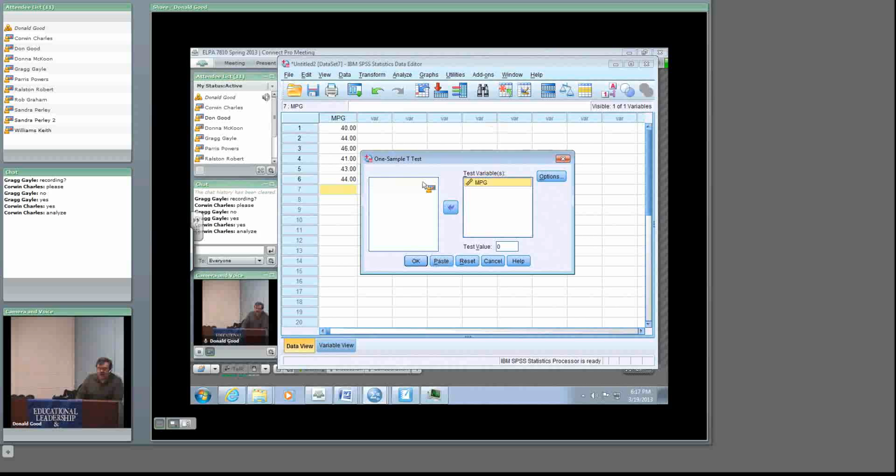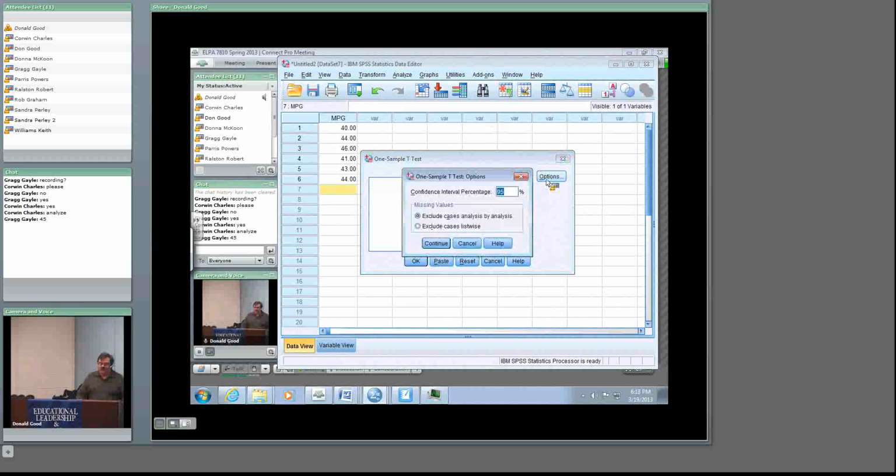Now, I've got another blank to fill in here, the test value. So what are we testing this mean against? What number? The number's 45. So I'm going to put 45 in the test value. Now I'm going to look and see what's under options. I think that's just going to be the default confidence interval, and it is.